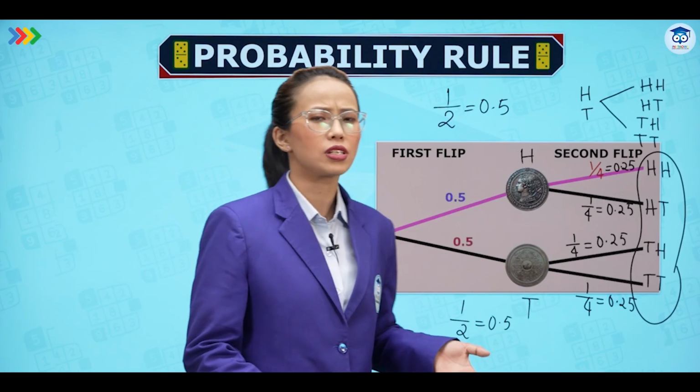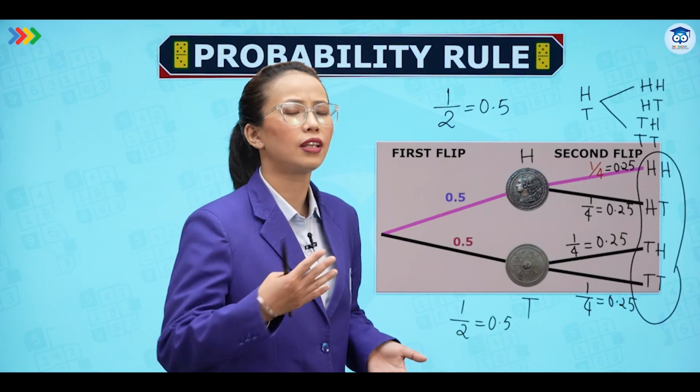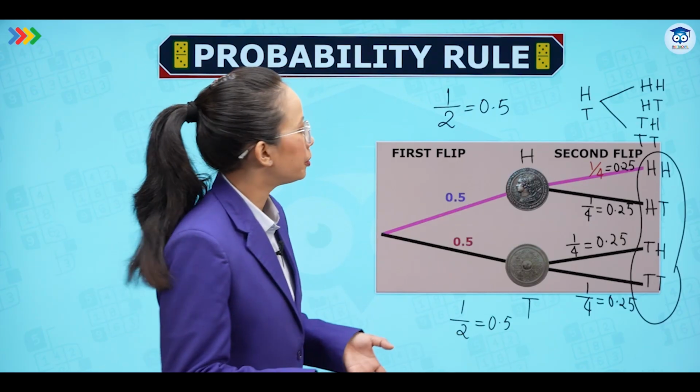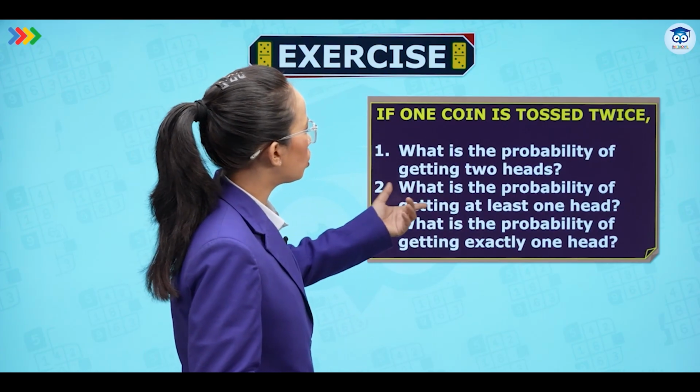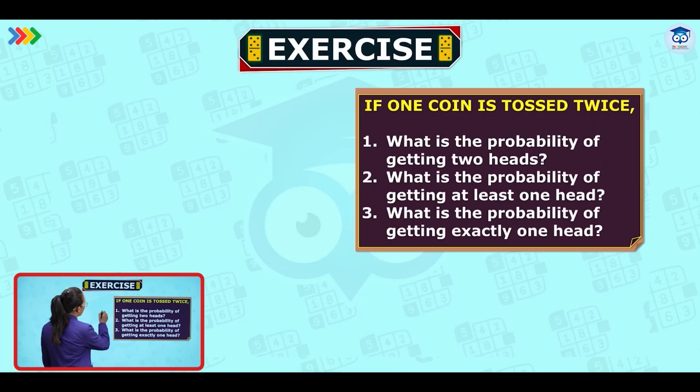You may get questions like flipping the coin 3 times also. Okay. So here it is. What is the probability of getting 2 heads? Of 2 heads we have only 1, so 1 upon 4. Right. What is the probability of getting at least 1 head? This is very important. At least 1 head means what?